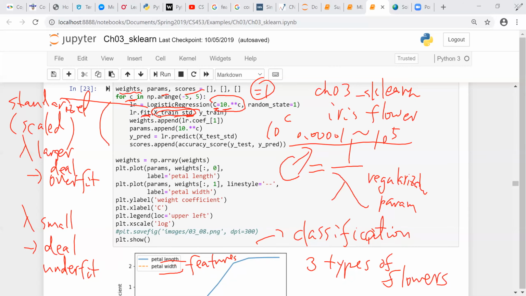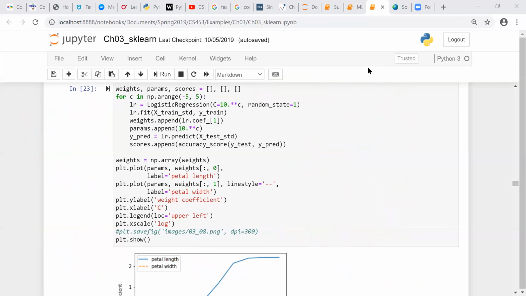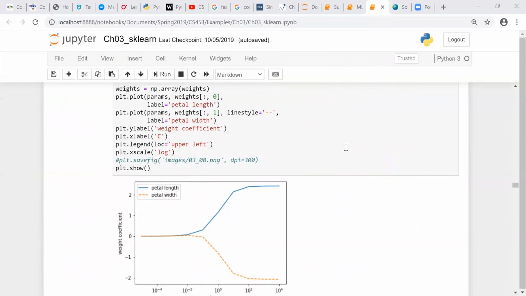And then with that, we collect the corresponding weights, and we also collect the parameters, and we also did the prediction. So that's a general idea about this part.